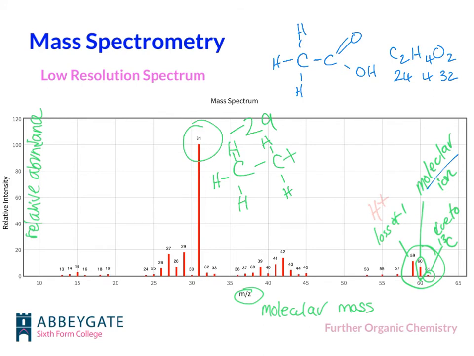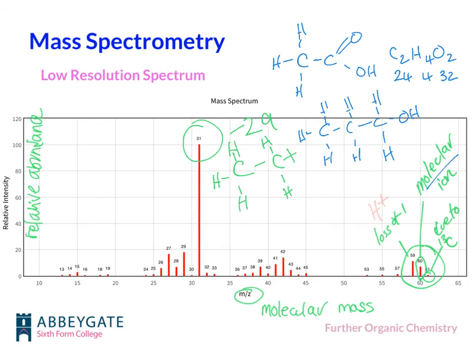Or I could potentially have 3 carbons, and if I put on some hydrogens and an alcohol group, I could have propan-1-ol or propan-2-ol.